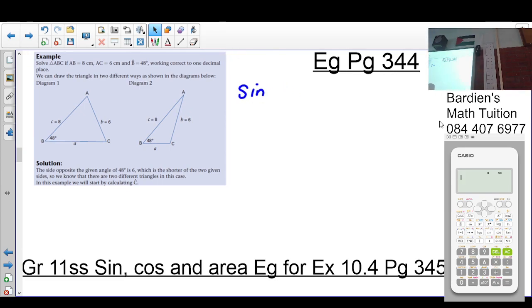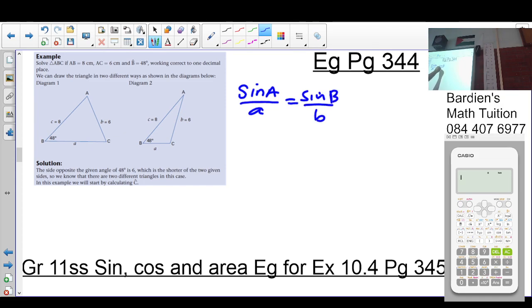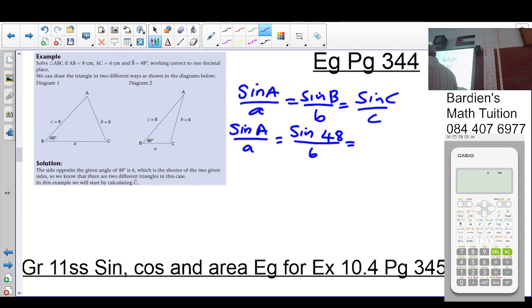We know that sine A over a is equal to sine B over b, which is equal to sine C over c. Or you could have said a over sine A is equal to b over sine B, which is equal to c over sine C. Do we have angle A? No. So sine B over b, which is sine 48 over 6, is equal to sine C over 8.